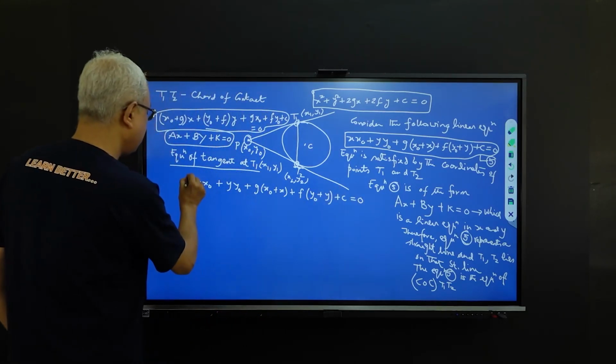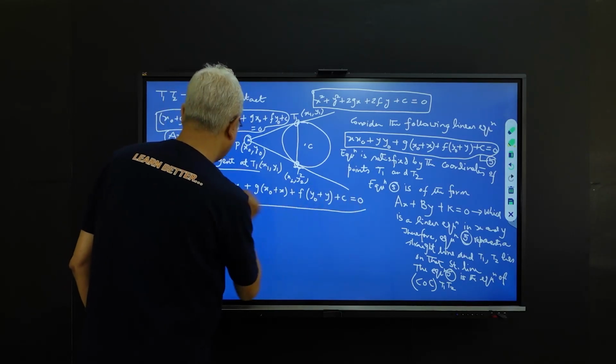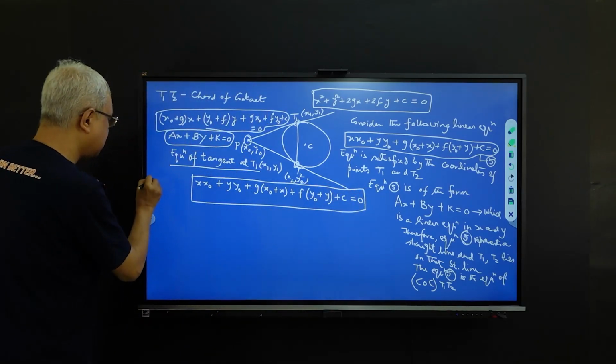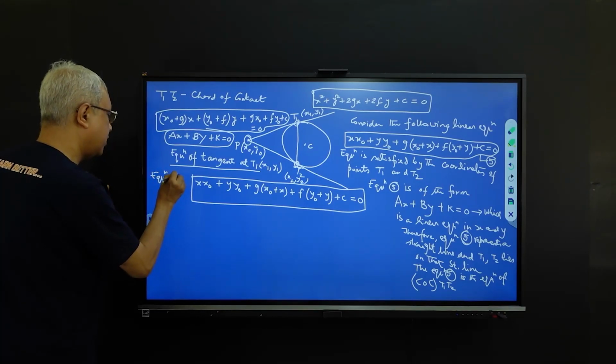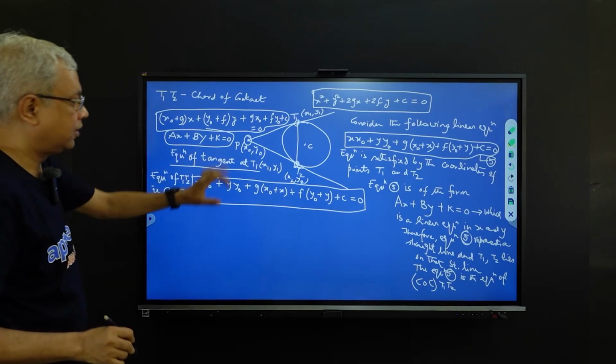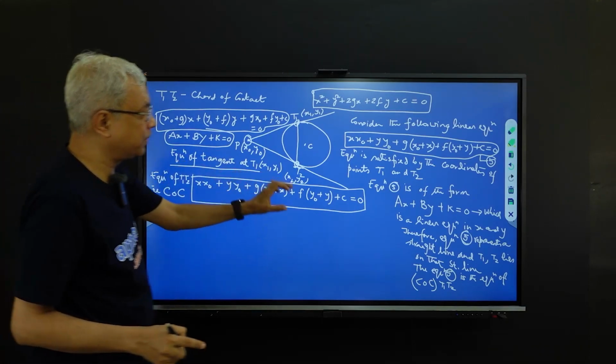This is the equation of the chord of contact COC, the equation of T1, T2. Now, what does this equation represent?